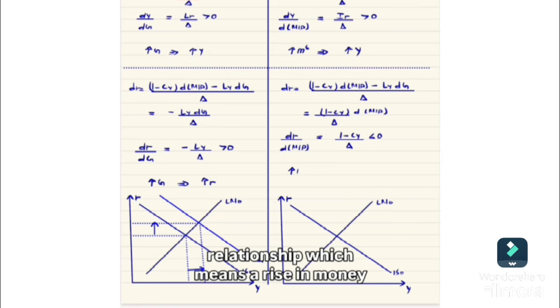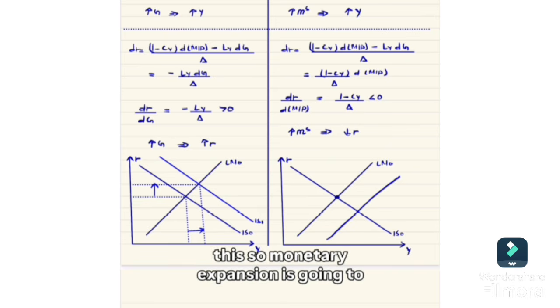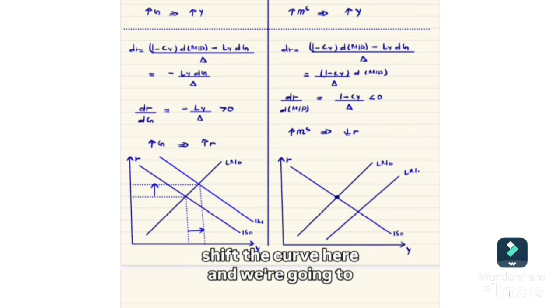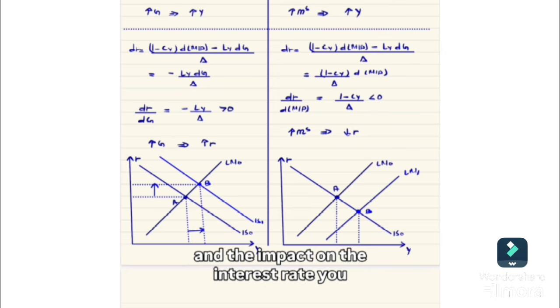So if we draw it over here, it's going to go like this. Monetary expansion is going to shift the curve here, and we're going to end up at point B from point A, and we can see the impact on output. Oh, sorry, that was point A. So the impact on output you can see is positive, and the impact on the interest rate you can see as negative, which we can also show by these arrows.